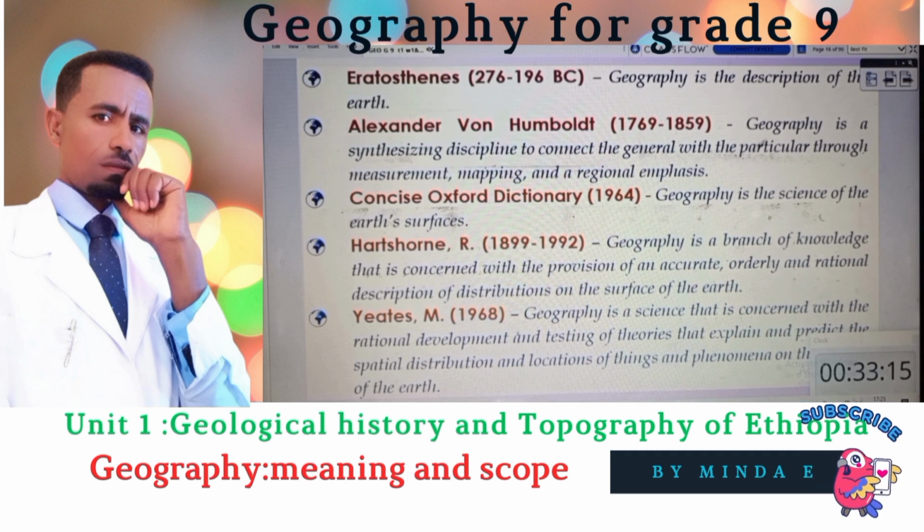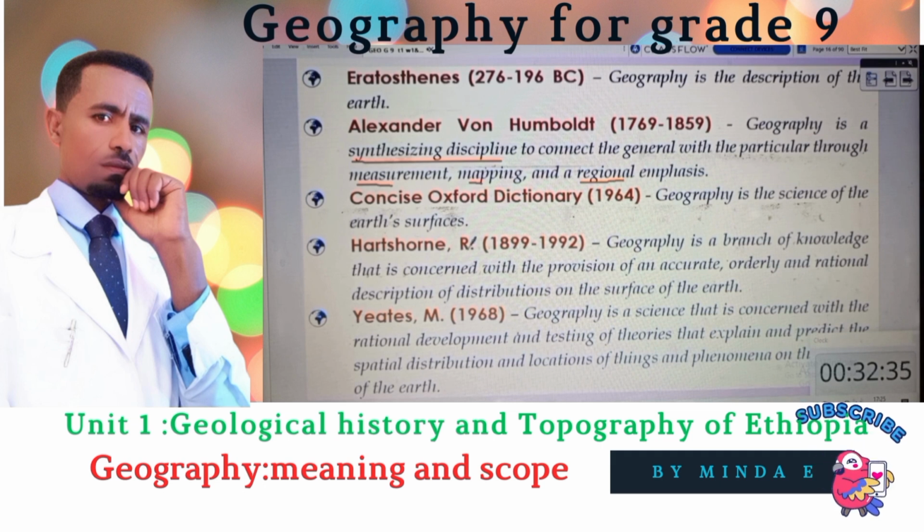For Humboldt, geography is a synthesizing discipline that connects the general with the particular through measurement, mapping, and regional emphasis. This is the definition given to geography by Humboldt.